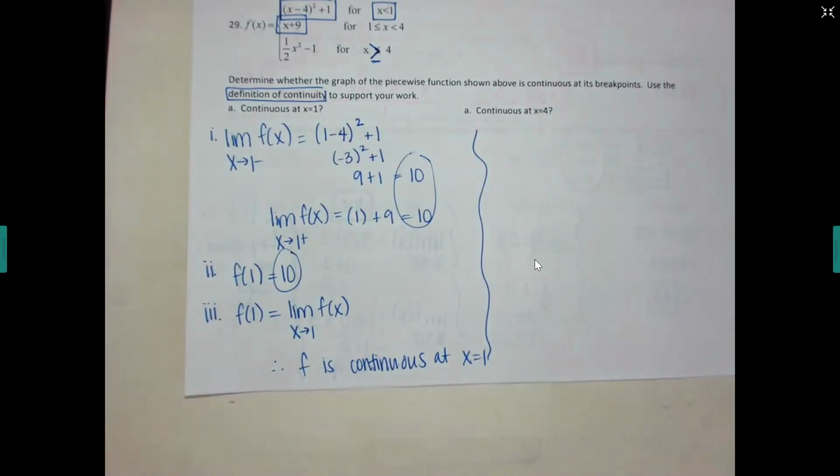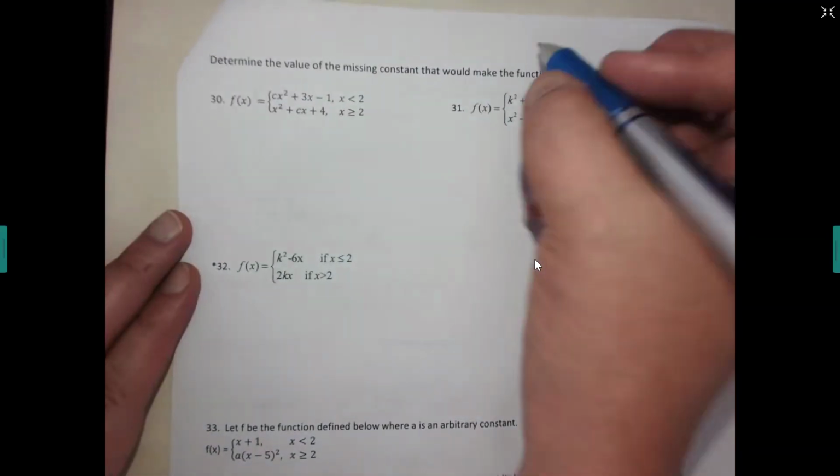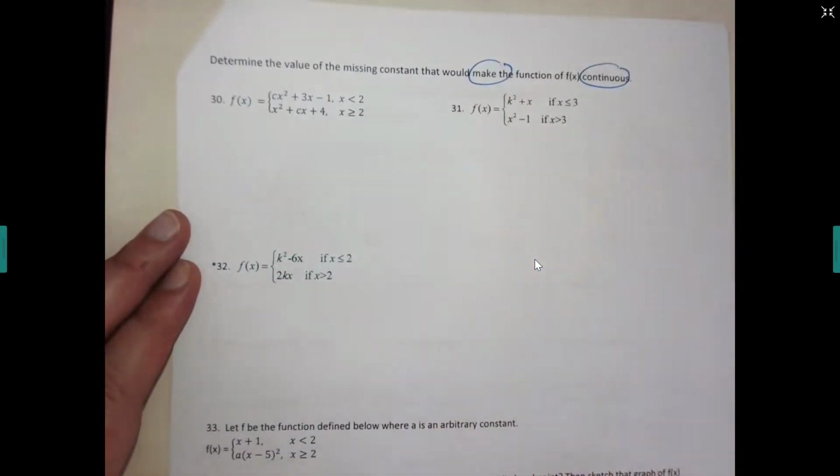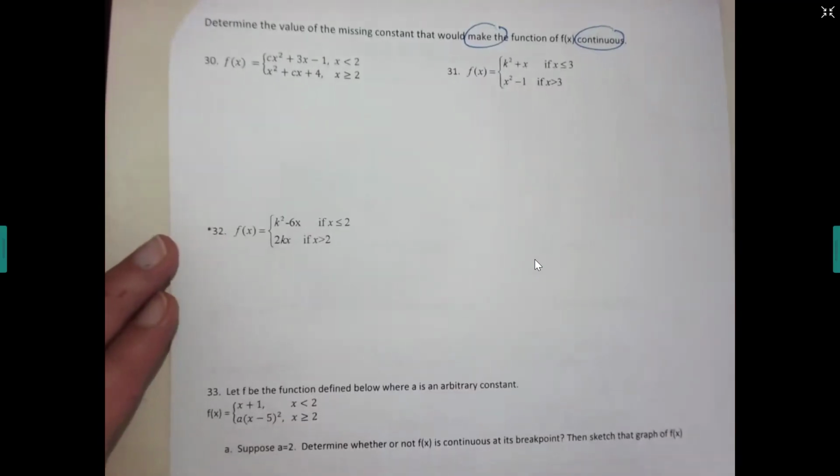All right, last question we're going to do together today is 32. In the last section, you are asked to find the value of the missing constant that's going to make it continuous. Remember, to make it continuous, you're going to set the sides equal, plug in the breakpoint.